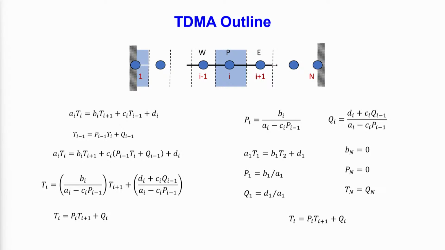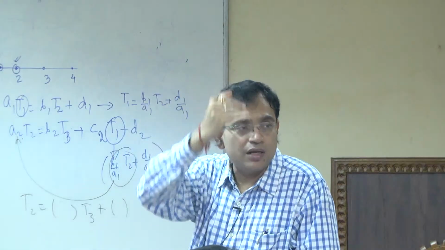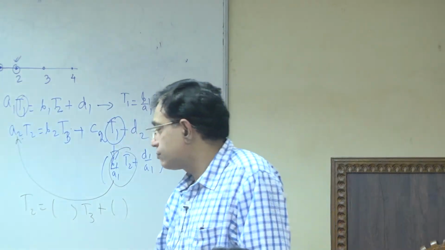So if you have C1 equal to 0, that means P1 is B1 by A1 and Q1 is similarly D1 by A1. So you can start with P1 and Q1 and then you use this recursive formula to calculate Pi and Qi for the rest of the i by running a for loop, okay.